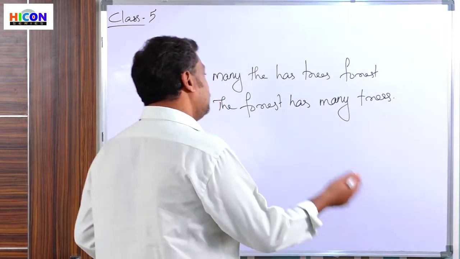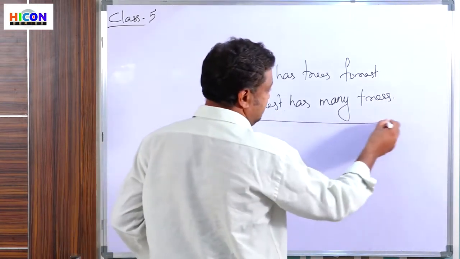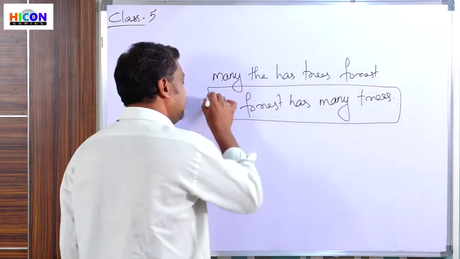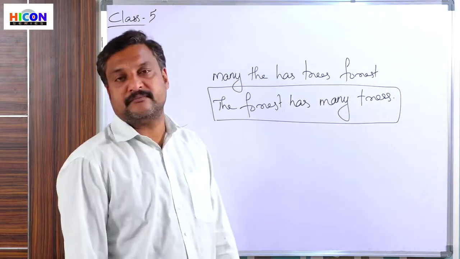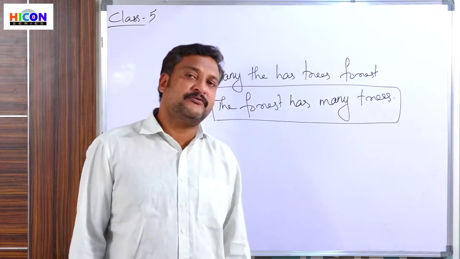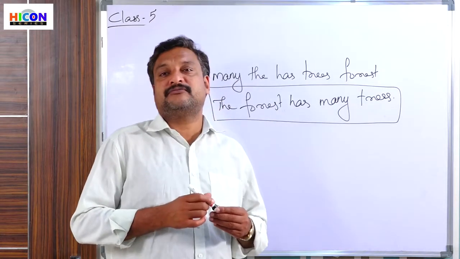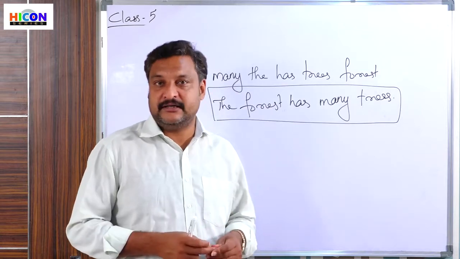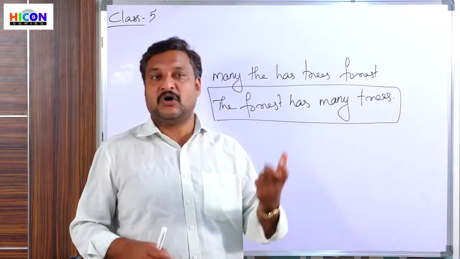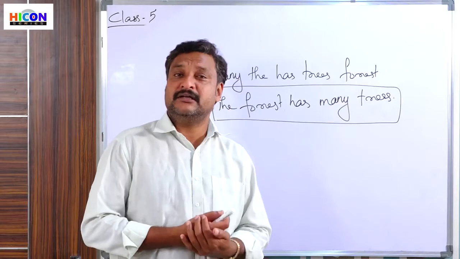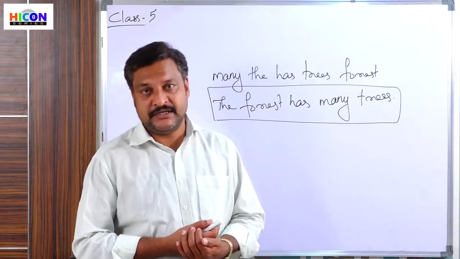Now this we can call a sentence because it has a complete meaning. A group of words together cannot frame a sentence. A group of words together with a complete sense or a meaning is called a sentence.